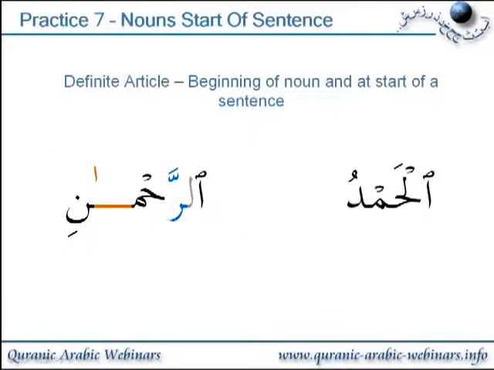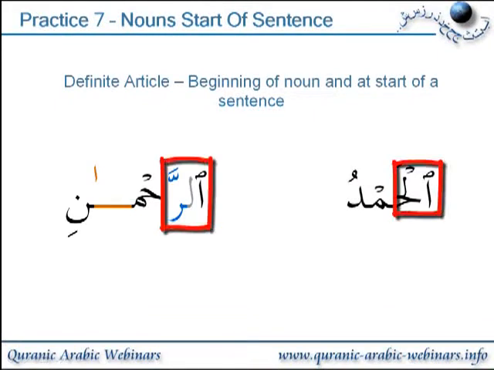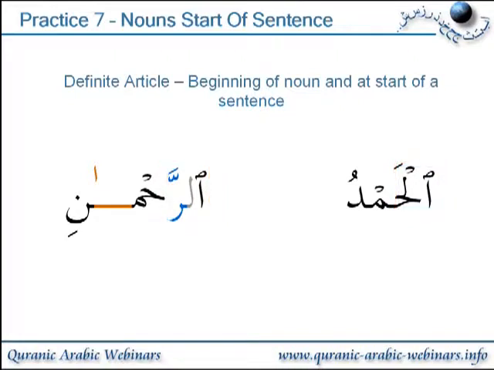So note that the Hamzatul Wasl is read as if it has a fatha on it, making the sound of al or a joining with the letter with the shadda, which effectively is the al, the definite article the.